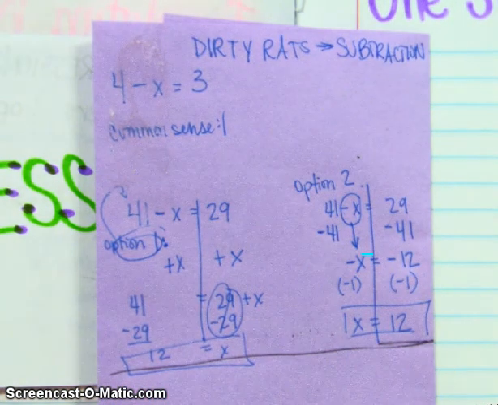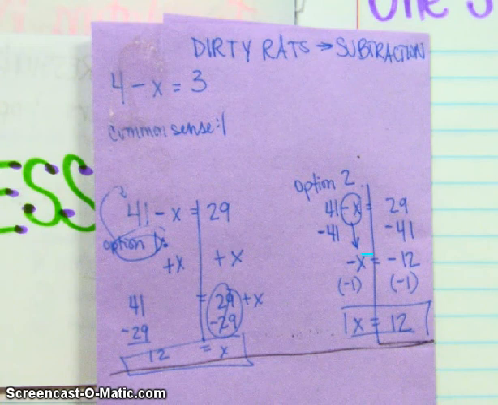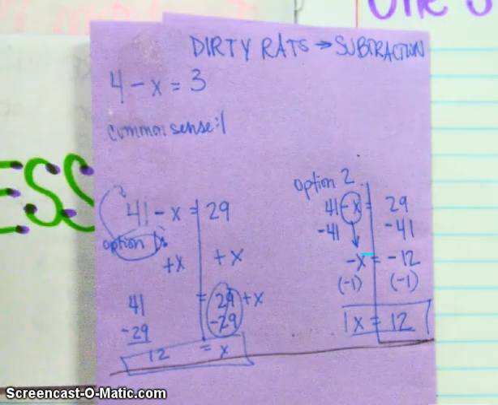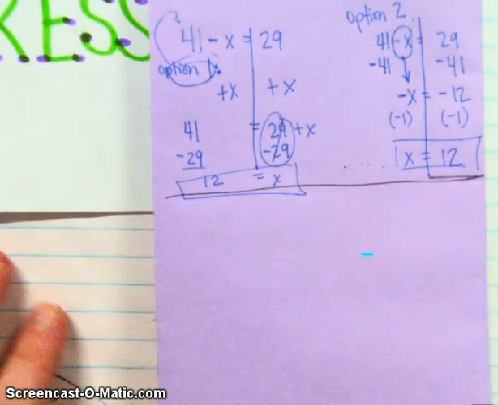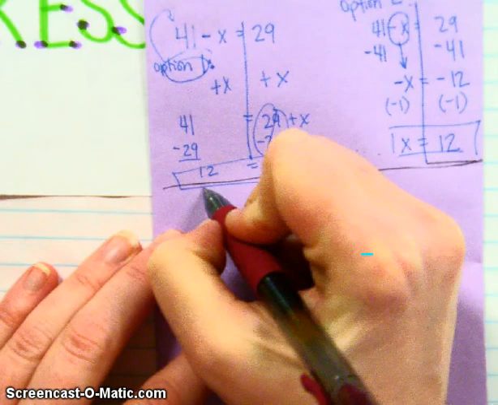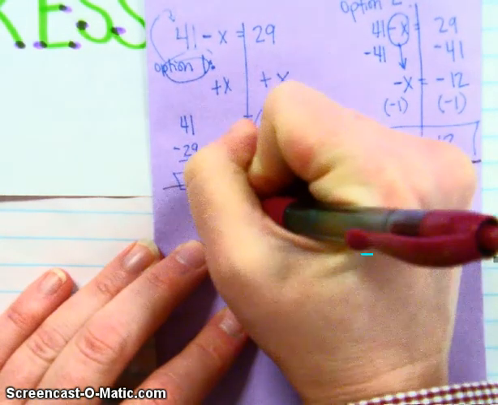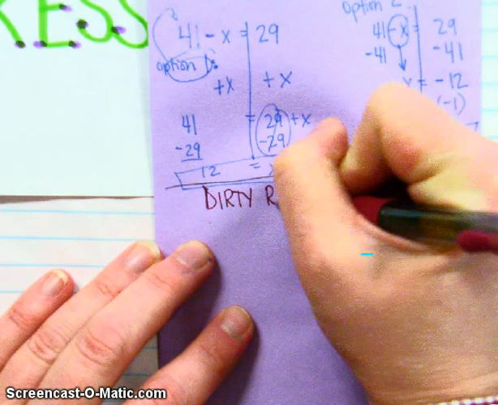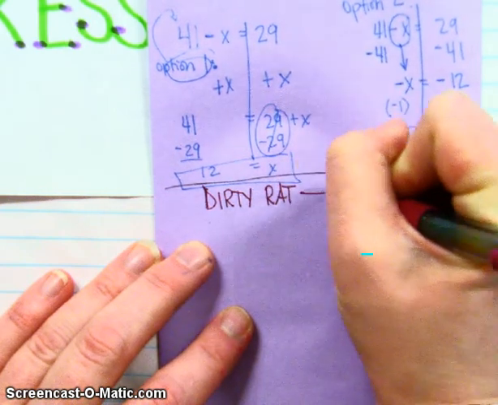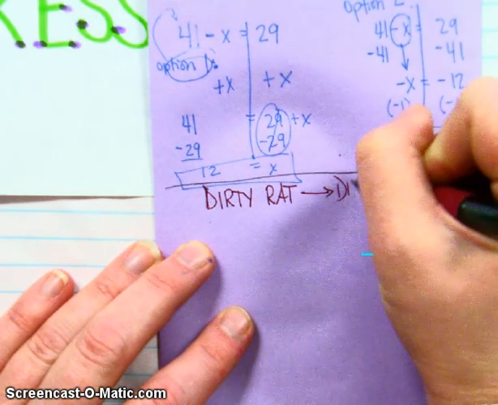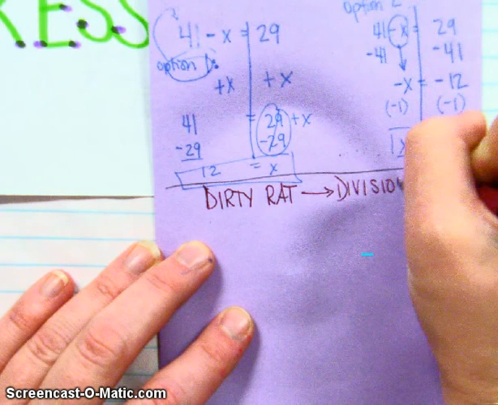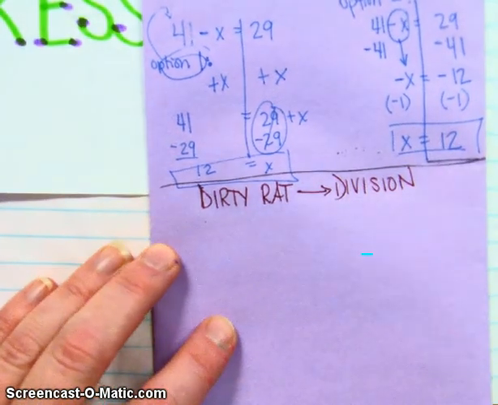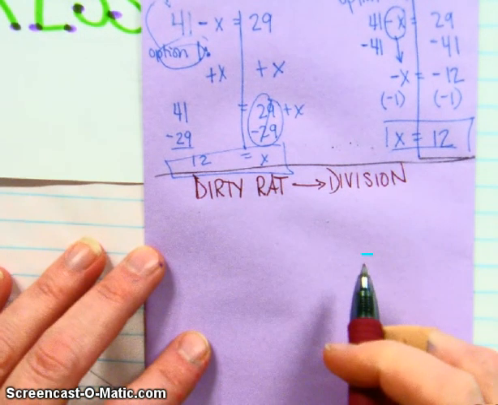All right. Now, let's move on to the dirty rat for division. That would be if you're dividing by a variable.